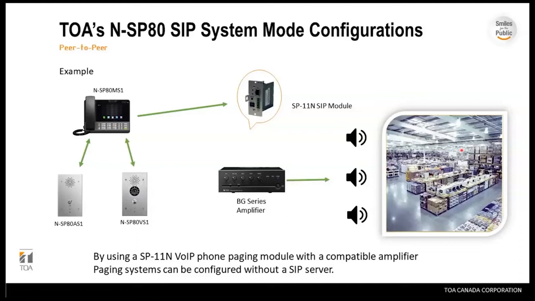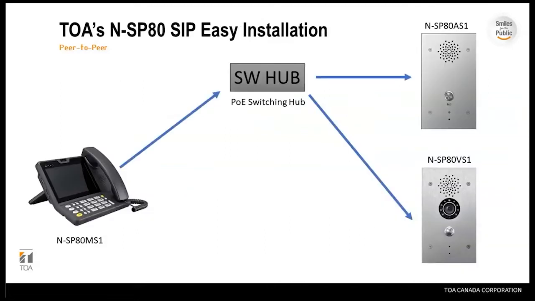Again, you can configure this system to communicate to all of that on just a simple switch without having to get into a SIP server, just on peer-to-peer communication. Again, just to reiterate how simple it is: master, switching hub, stations. Straightforward.